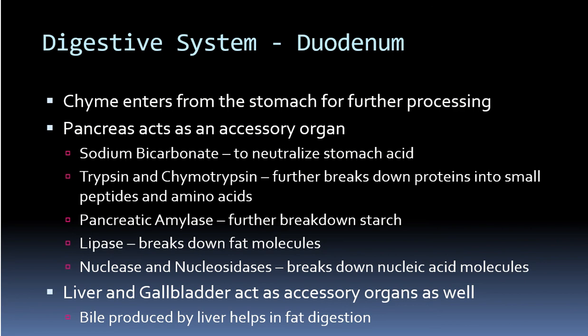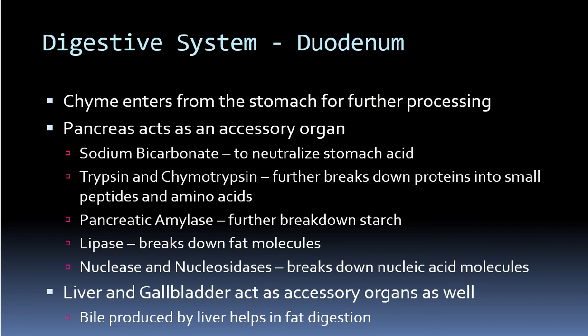What the pancreas adds to the duodenum are quite a few very important things. As the chyme is entering the small intestine, it's going to be very acidic thanks to the stomach acids. So the pancreas will actually release sodium bicarbonate, a base, to help neutralize the stomach acid.